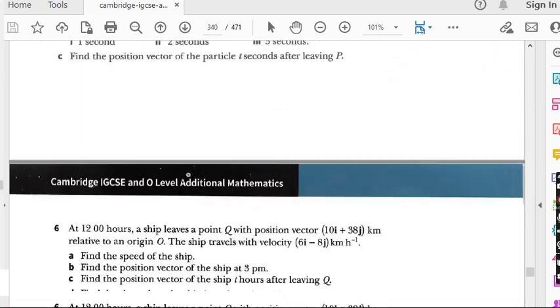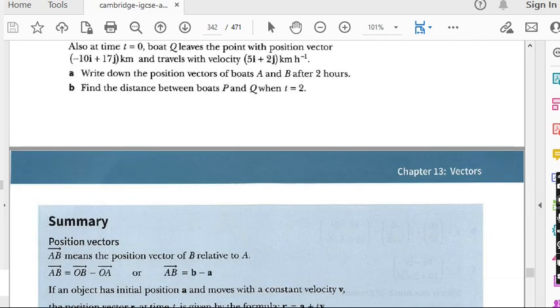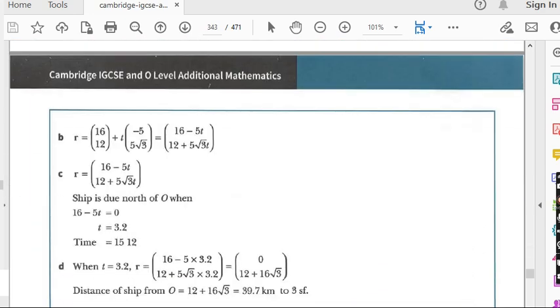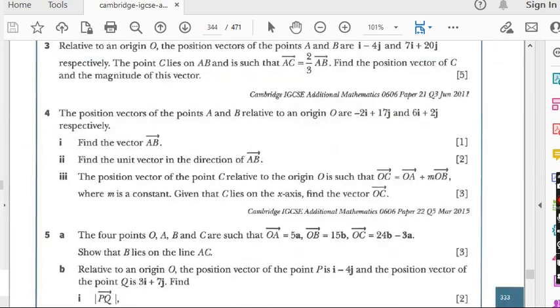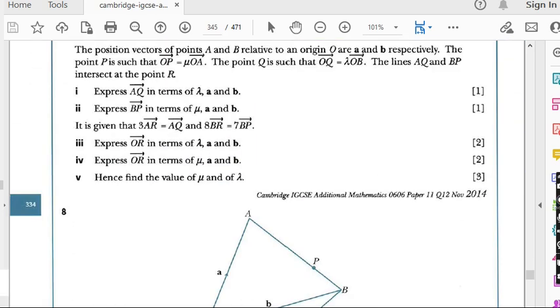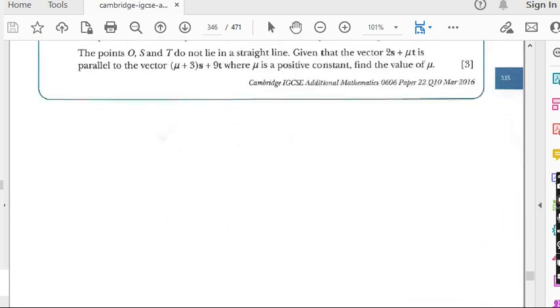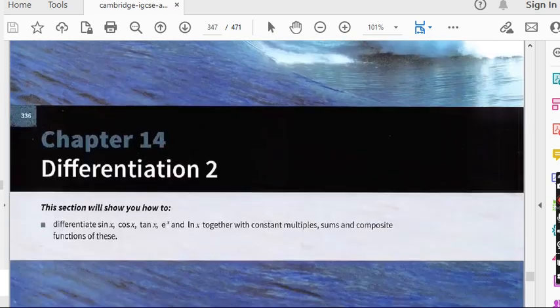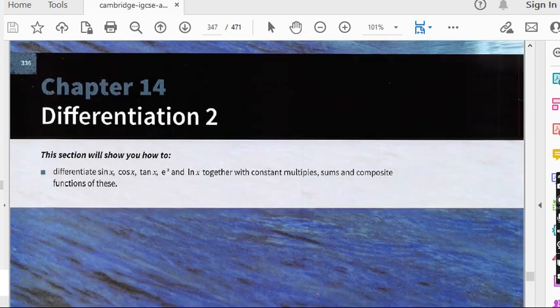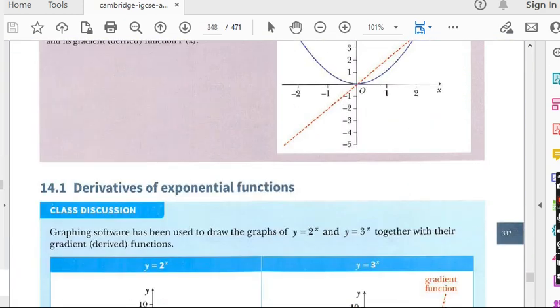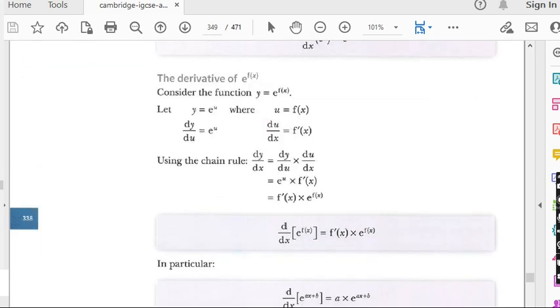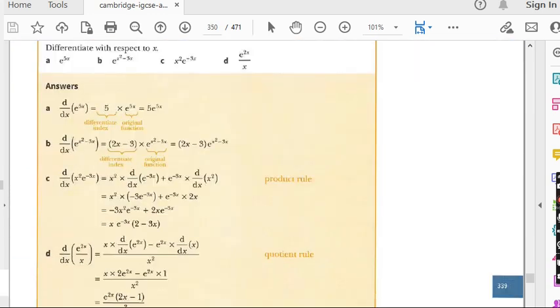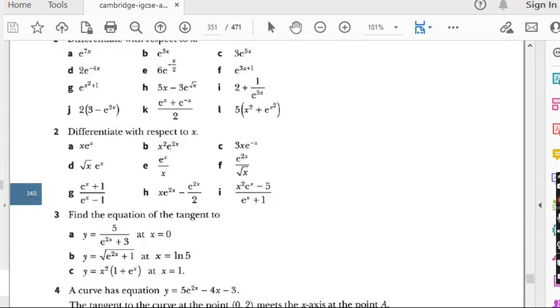So why shouldn't I start with the next chapter? Sorry, chapter number 14, differentiation 2. So our next class consists of chapter number 14, called differentiation 2.